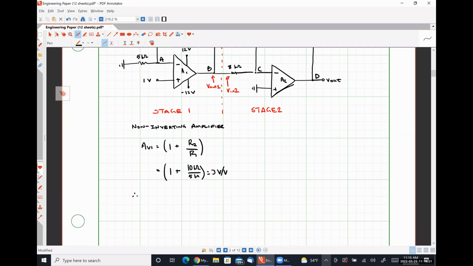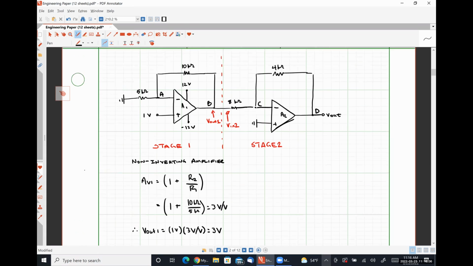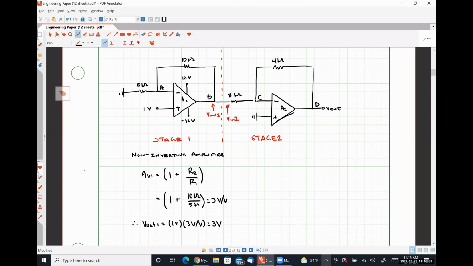And from that, the quantity Vout1 is 1 volt times 3 volts per volt, which is 3 volts. Right? How everything to the left of the dashed red line behaves, we have covered before. Now, ignoring everything to the left of the dashed red line, what does the right side look like?